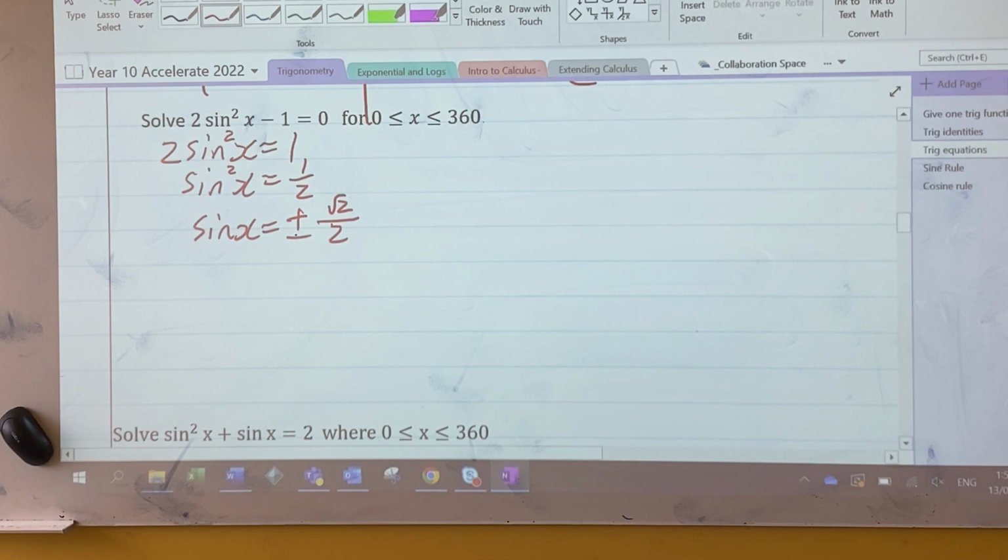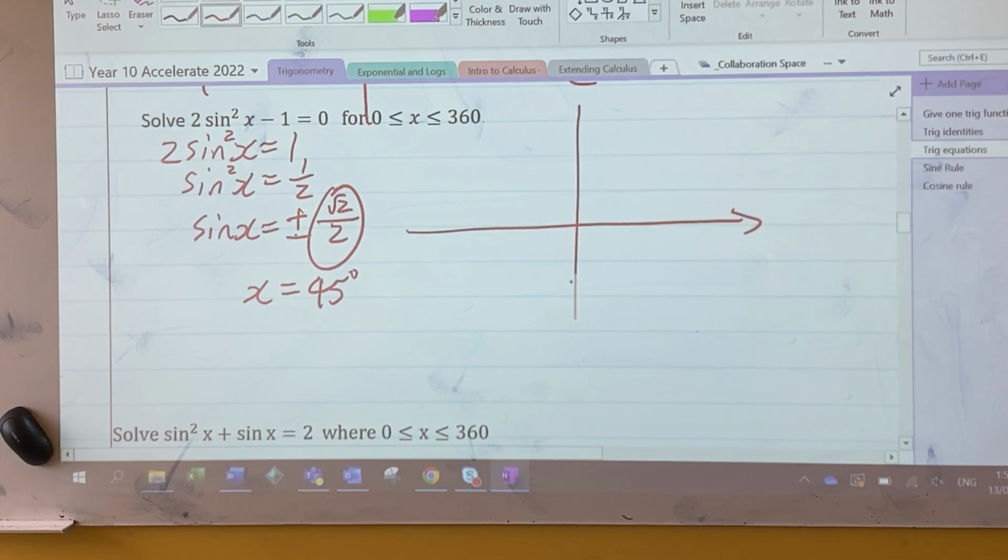Based on the value here, we conclude x is 45 degrees. Then we draw that. If you have a look at sine x is root 2 on 2, which tells me that my base angle or reference angle is 45 degrees.